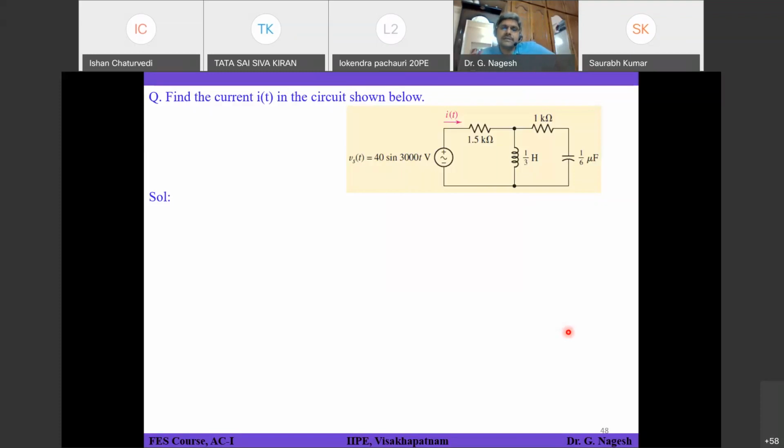First you have to convert this time domain circuit into an equivalent phasor domain circuit. That means your voltage should be in phasor form, and all your resistances and inductances should be in impedance format. So try to convert this circuit and the voltage into phasor form.